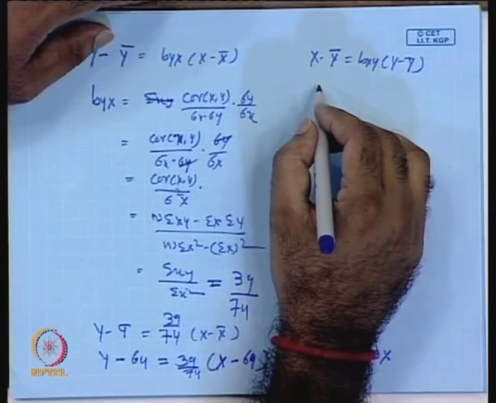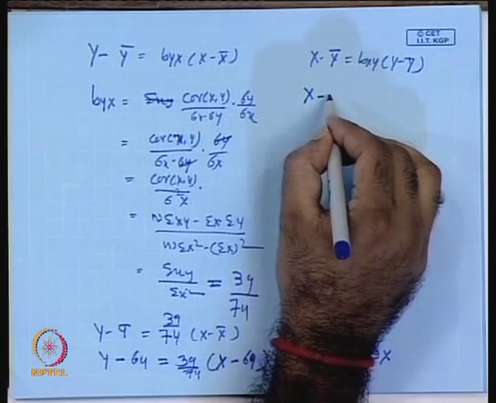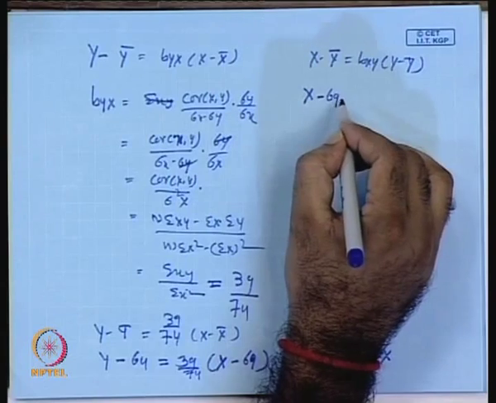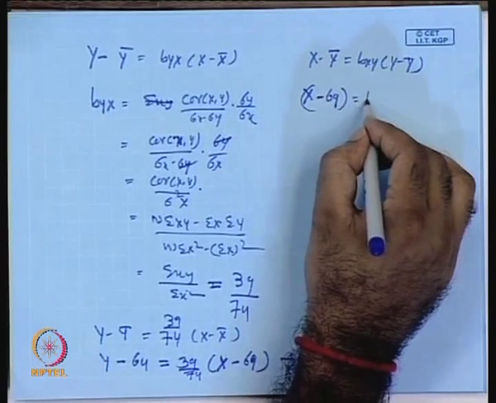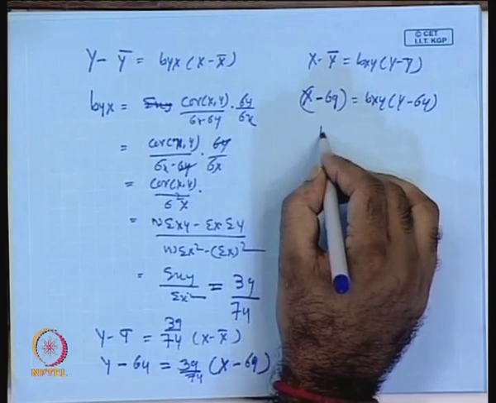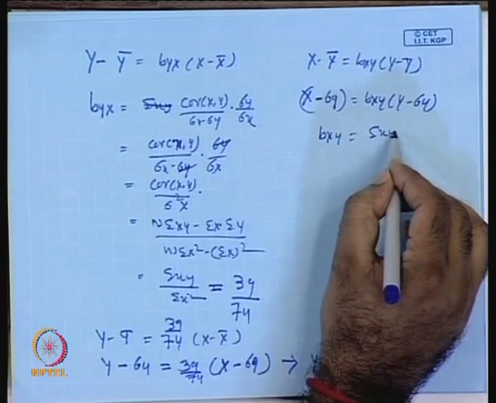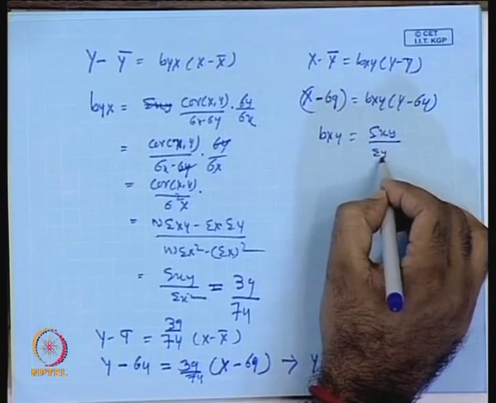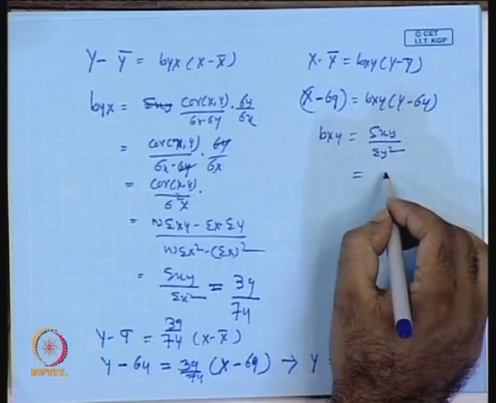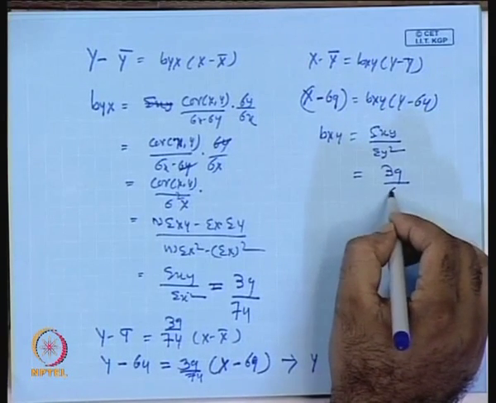Similarly, in the case of x minus x bar, it is x minus 69 equals bxy into y minus 64. So what is bxy? Bxy is equal to summation xy upon summation y squares, which is nothing but 39 by 66, since summation y square is 66.